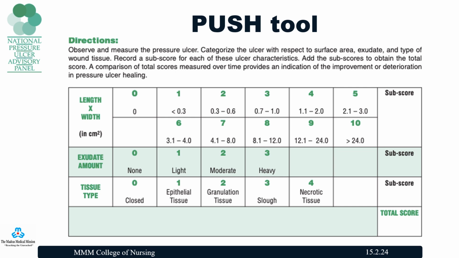And if the size of the injury, length into width, is more than 24 centimeters, then we give a score of 10. So this is based on the length and width of the pressure injury in centimeters.